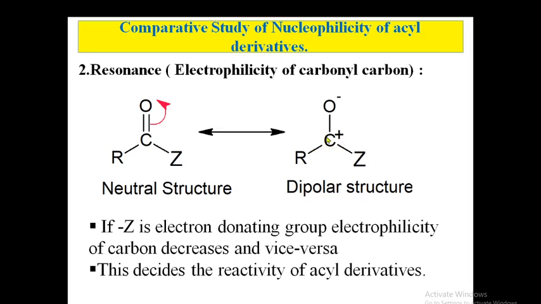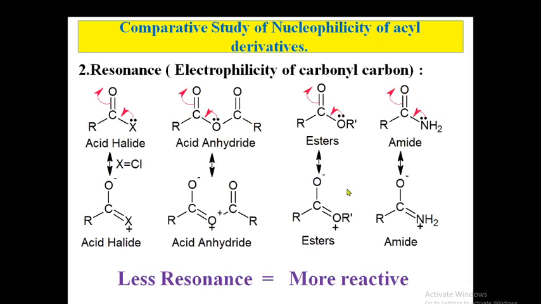That factor decides the reactivity of acyl derivatives. Let's see the resonance of all these acid derivatives. Here we have taken acid halide, acid anhydride, esters and amides. We are going to start from the amides.